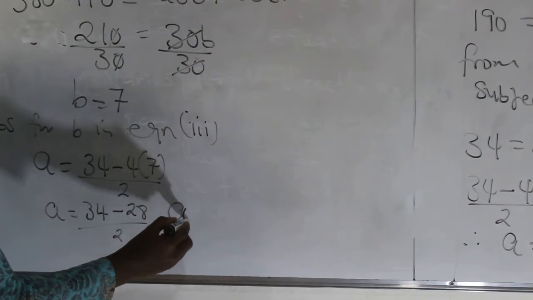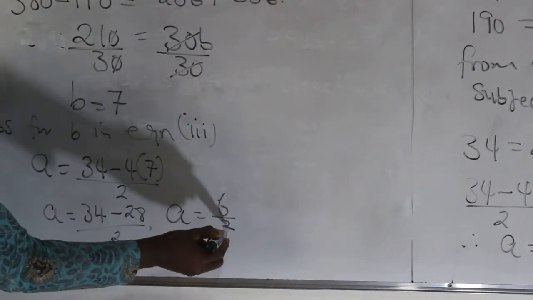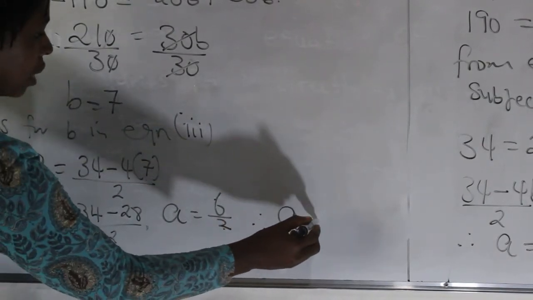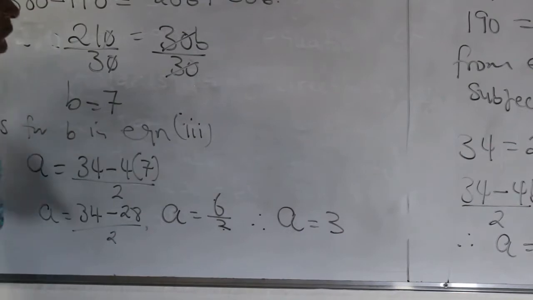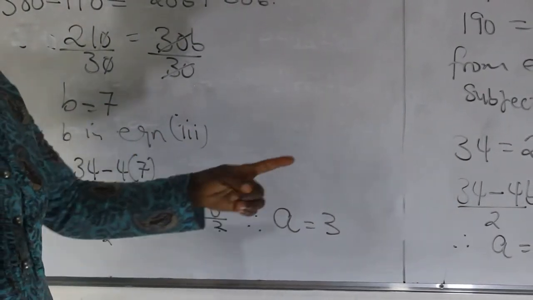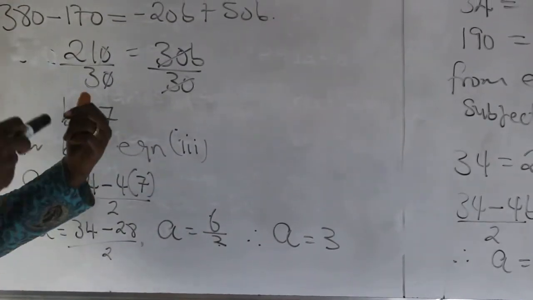So A will be equals to 6 over 2. 6 divided by 2 is 3. Therefore, we conclude that our A is equals to 3. So now we've gotten the value of the constants. A is 3 and B is 7.